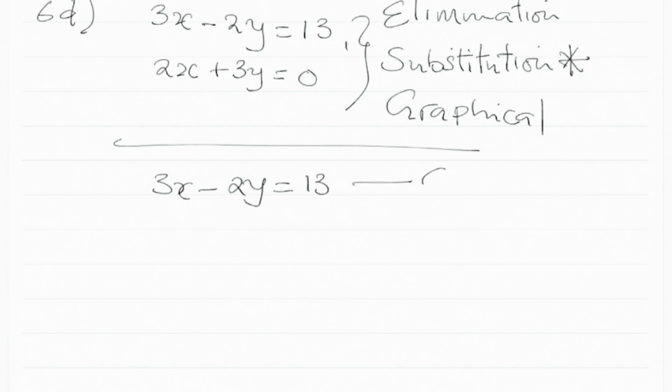Then the second equation that we have is 2x plus 3y is equal to 0. Now in this equation, I'm going to make one variable the subject of the formula. So I choose to make the variable x. Using the additive inverse, I'm going to have 2x is equal to negative 3y.